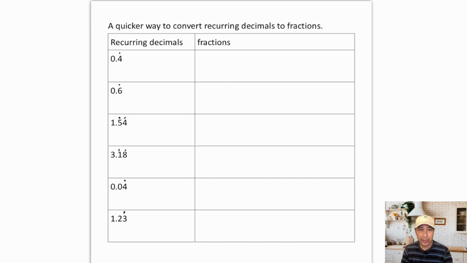The first one, 0.4 recurring, the fraction will be equal to 4 over 9. 0.6 recurring will be equal to 6 over 9. If there is only one dot after the decimal point, it is equal to something over 9. Of course you need to simplify 6 over 9 to 2 over 3. Let's do examples. There are 2 dots, so the denominator will no longer be 9, it will be equal to 99.